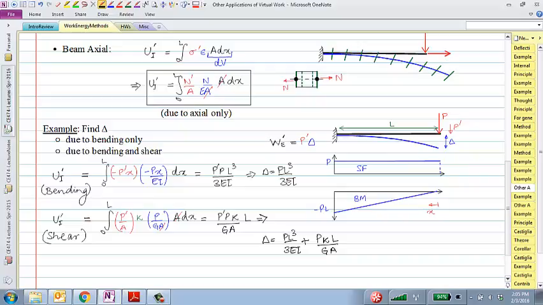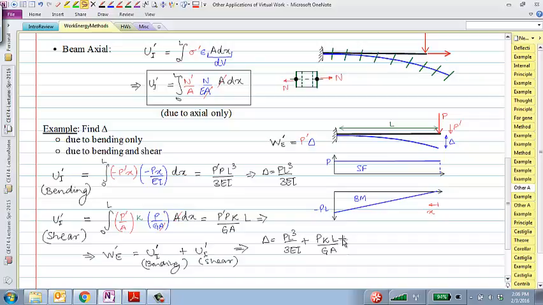That makes sense, where we got this from? All we are doing is adding UI bending plus UI shear. Maybe what I'll do is I'll write that here. If WE prime is equal to UI bending plus UI shear, then that gives me that delta is equal to the bending component plus the shear component.